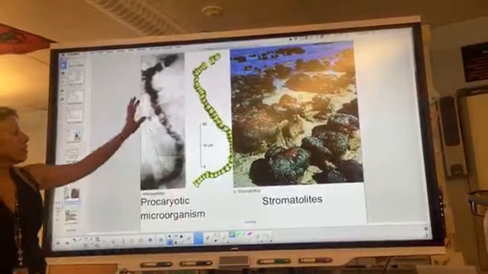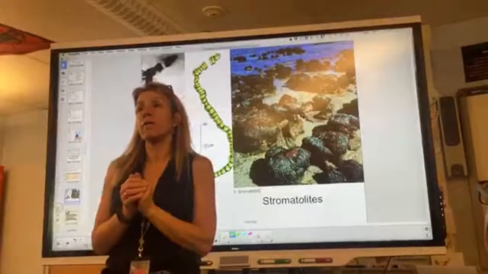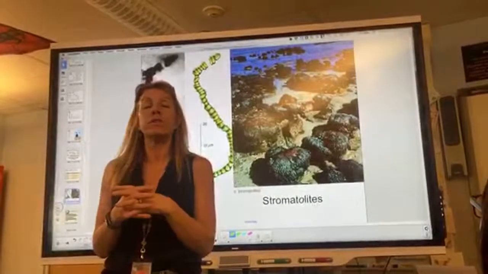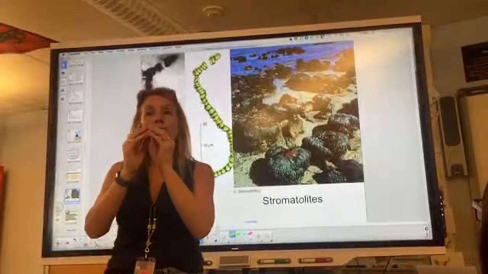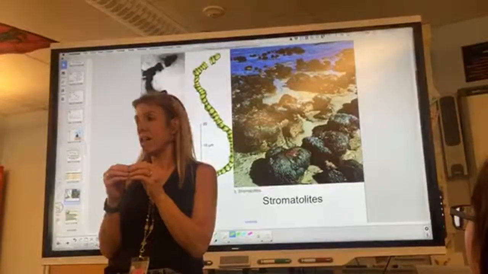But cyanobacteria are bacteria, and they're doing photosynthesis, but where they live, they would start out as just a small group of them, and they create kind of a slime.